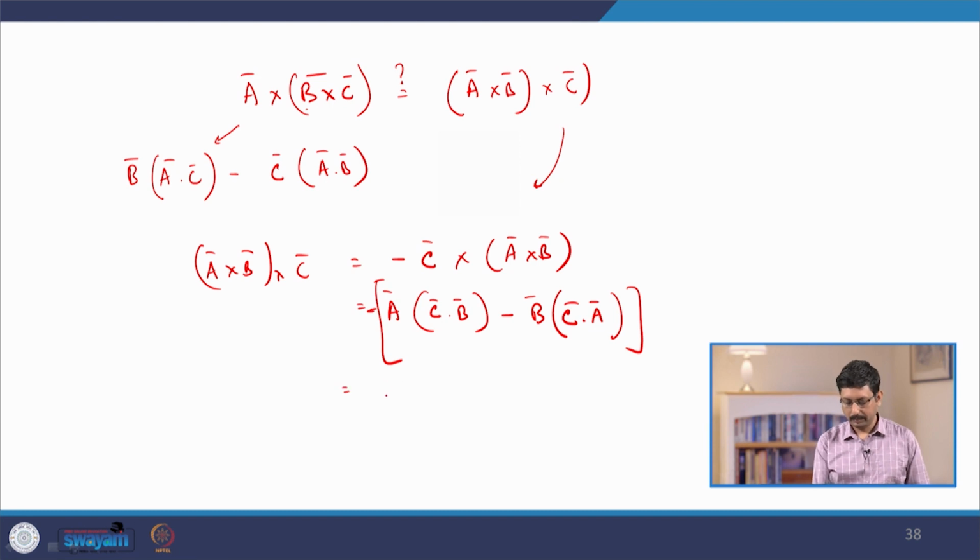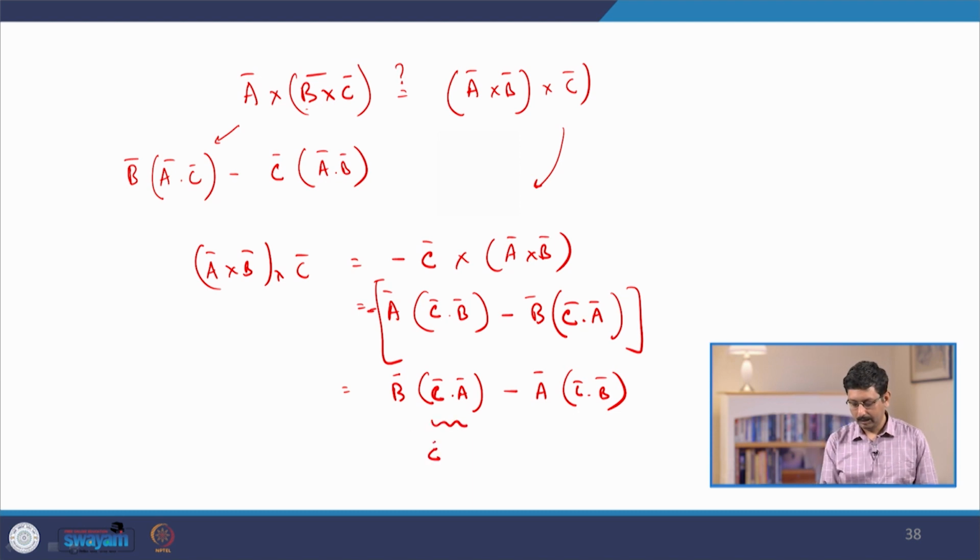So, then it becomes B times C dot A minus A times C dot B.